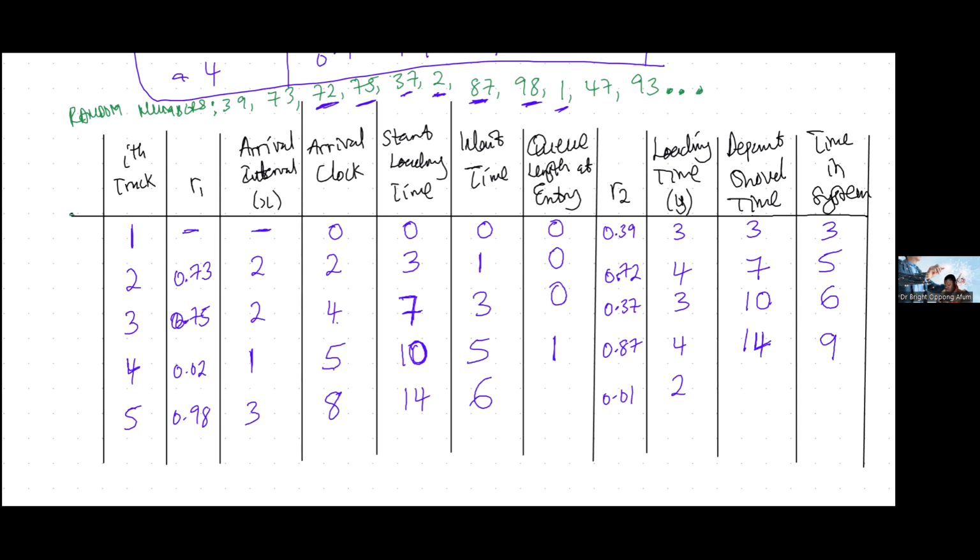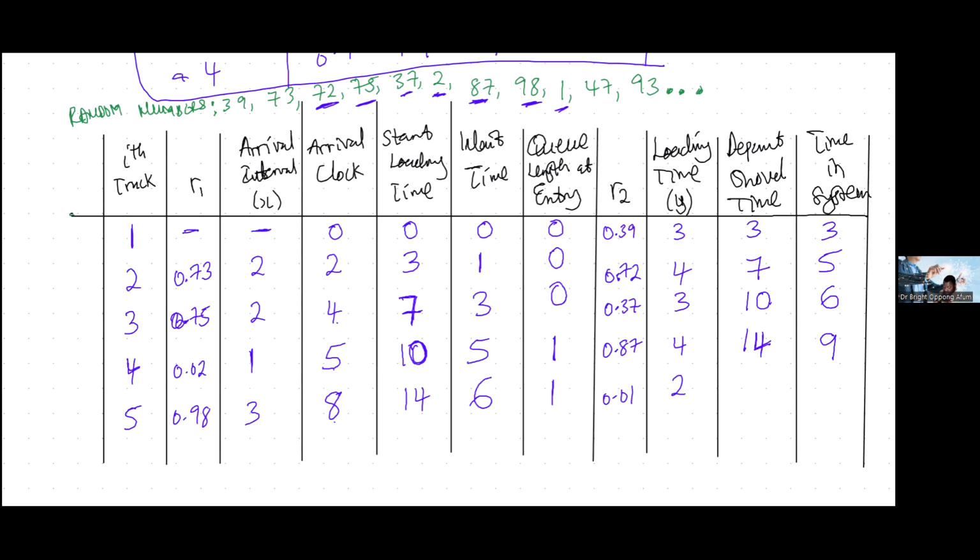Before we start loading, would it be queuing? Yes, of course, because when it arrived at 8 minutes, track 1 had gone at 3 minutes, track 2 had just left at 7 minutes, track 3 is being loaded, and track 4 is waiting. So it will be queuing, with a queue length of one. Only one track will be between track 5 and the loading shovel.